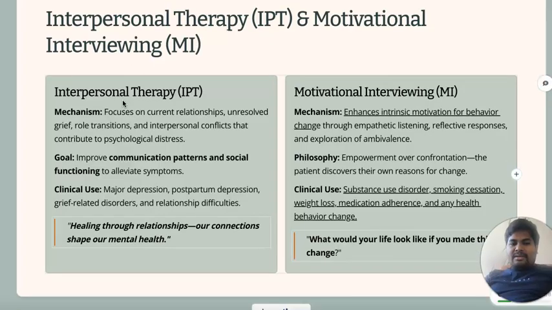Okay, so interpersonal therapy helps to improve the communication pattern and social functioning to alleviate the symptoms. So let's say a person has major depression, and he is not communicating with his family members or his friends, circles, or he has postpartum depression, or he or she is in grief for a long time.